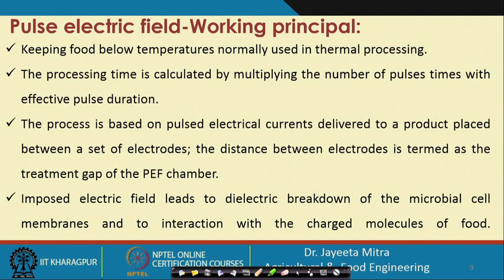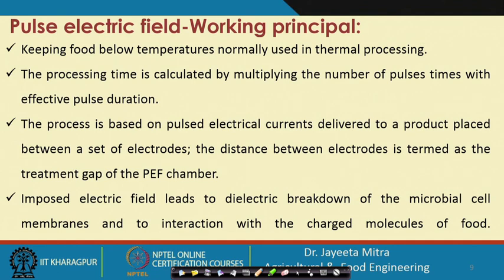Now, the process is based on pulsed electrical currents delivered to a product placed between a set of electrodes, and the distance between the electrodes is termed the treatment gap of the PEF chamber. So, we have seen that there are electrodes in the chamber, and the two electrodes are kept at a certain distance, and that is constant, right. So, that gap is called the treatment gap.